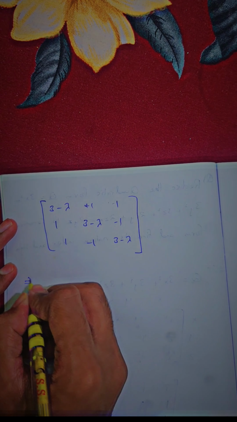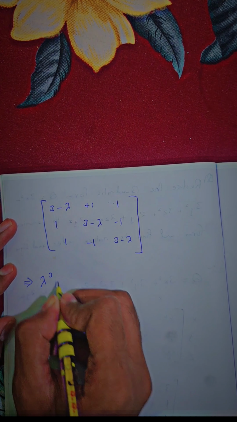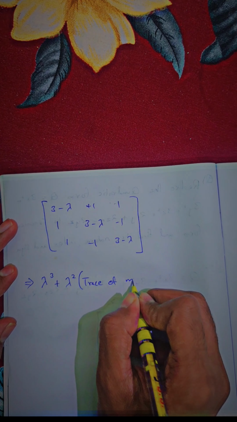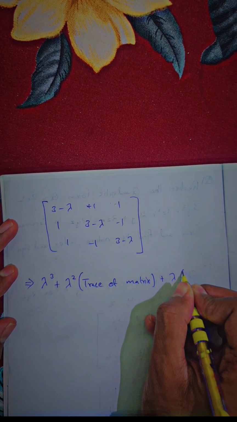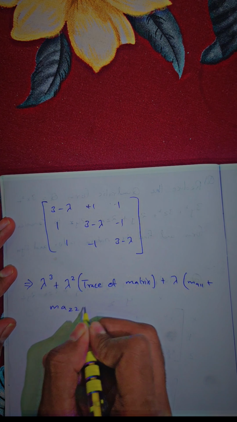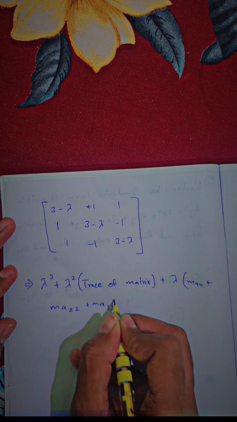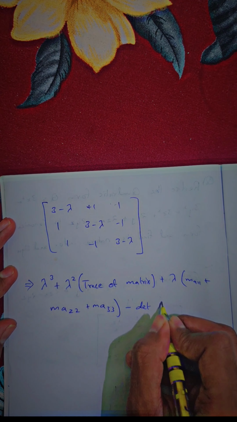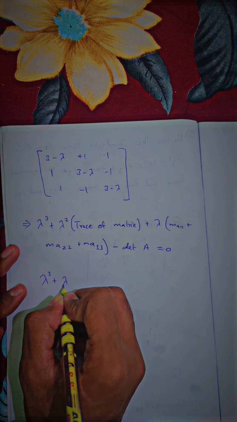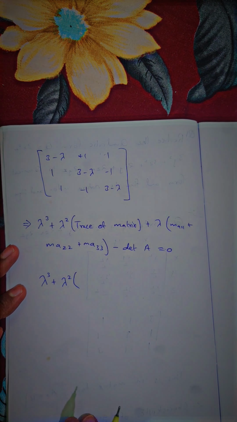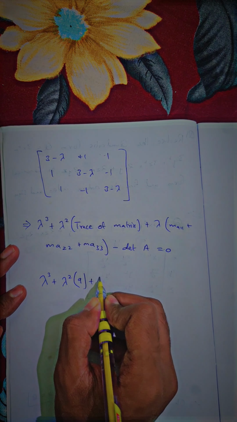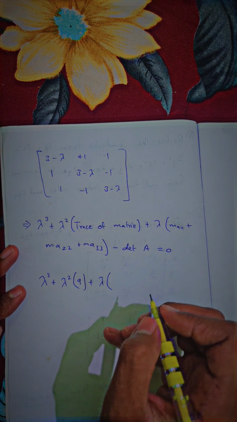So now we have a formula here: lambda cube minus lambda square trace of matrix plus lambda minor of a11 plus minor of a22 plus minor of a33 minus det a. So lambda cube is as it is, plus lambda square trace of a. The trace of a, 3 plus 3 plus 3, becomes 9, plus lambda minor of a11.